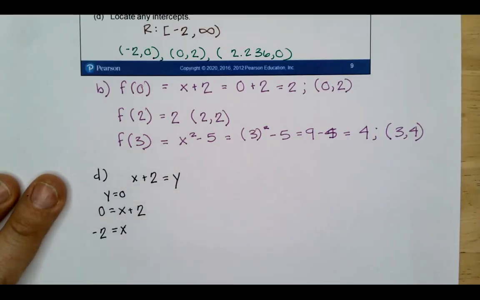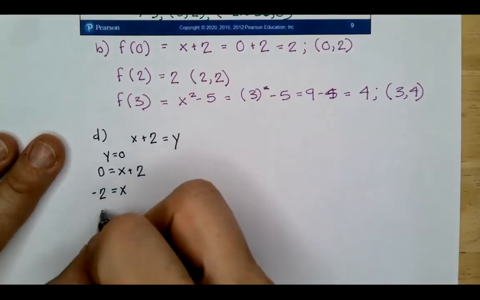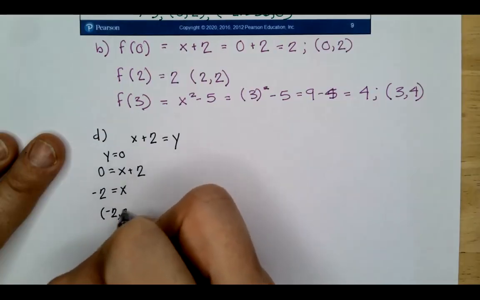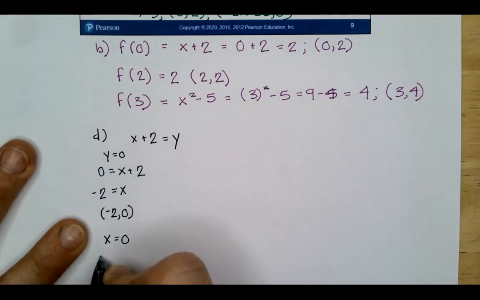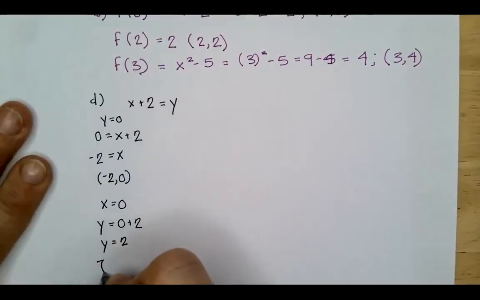We just move the 2 over. X is -2 when y is 0. So that's the point -2, 0. Now we make x 0. So we have y equals 0 plus 2. Y is 2 when x is 0. So that's the point 0, 2.